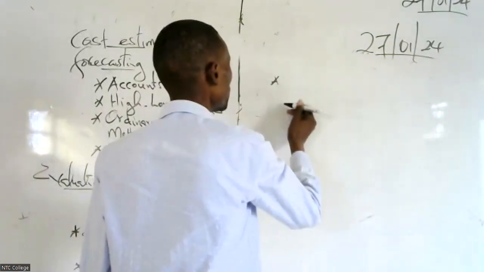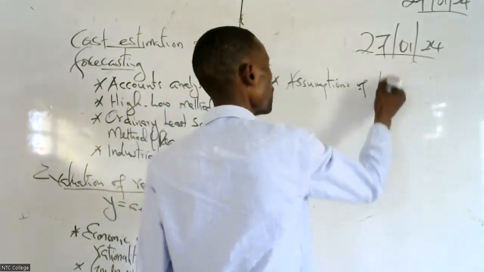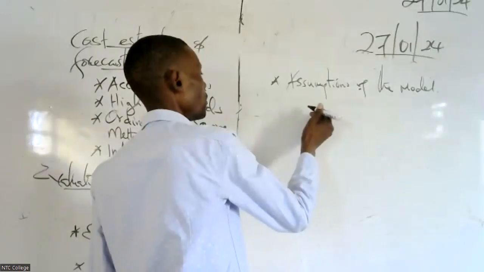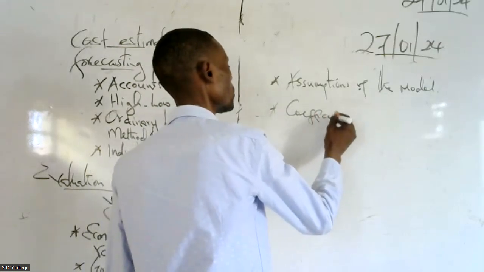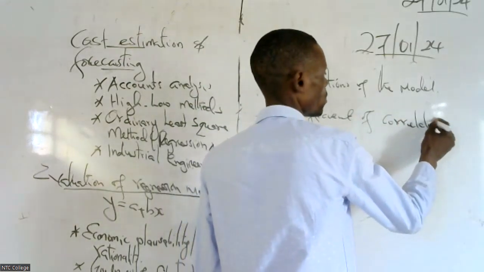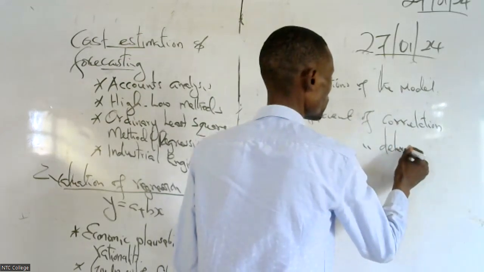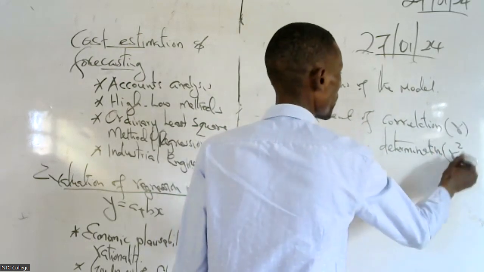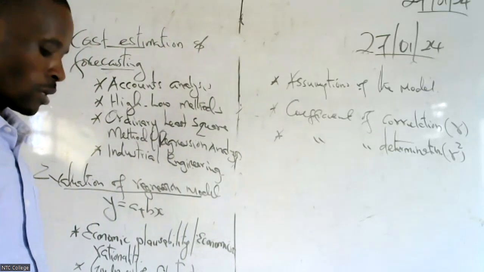Then the assumptions of the regression model. Then the coefficient of correlation, as well as lastly the coefficient of determination. This is R in brackets, and this is R squared. So that is the one that I had an oversight on in respect to the topics.